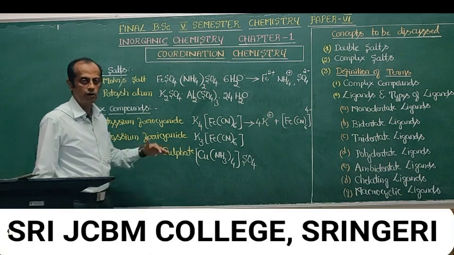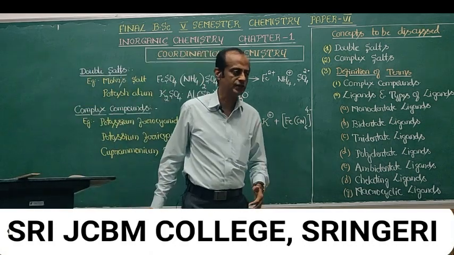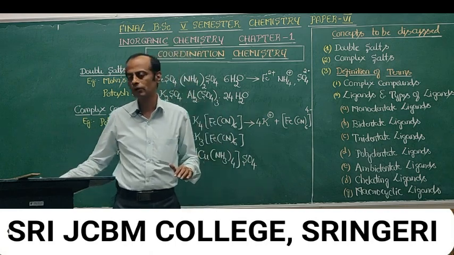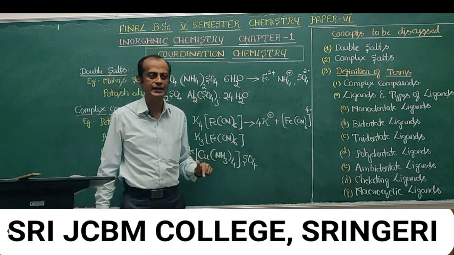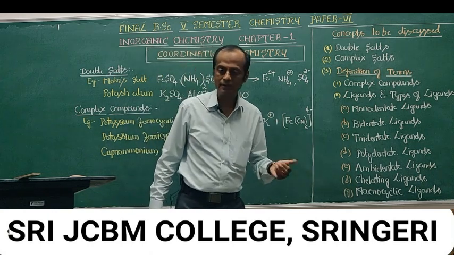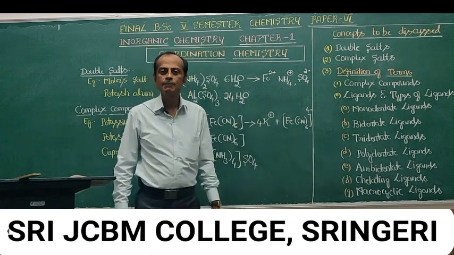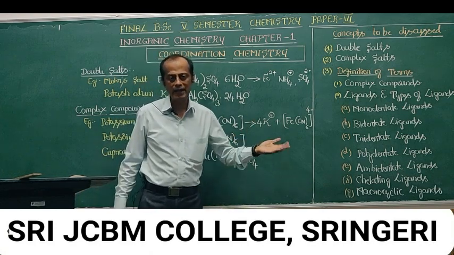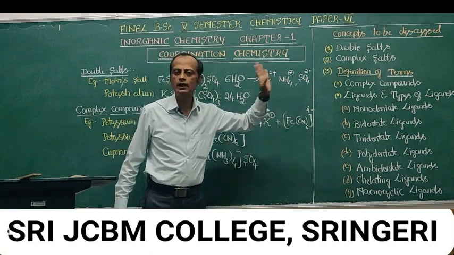Both double salts and complex compounds are molecular addition compounds, but in case of double salts, the simple salts involved in the formation retain their identity even after the formation of the double salt, and double salts are stable only in the solid state. When their solutions are prepared, they act as a mixture of their respective ions.